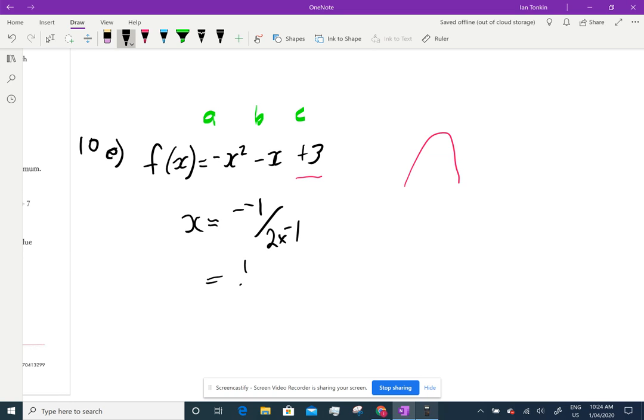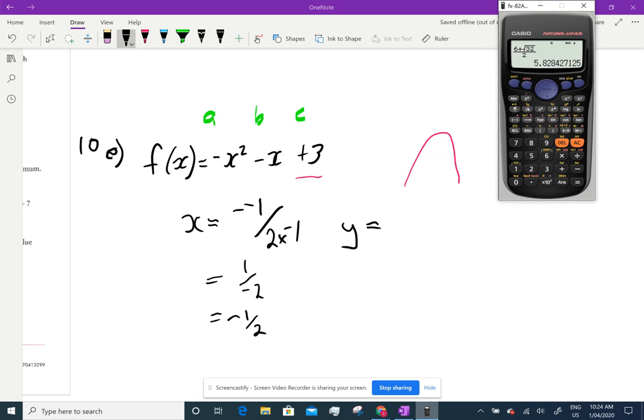So that gives me 1 on negative 2, so I get negative a half. Let's find the y value, and I'm going to use my calculator, and I'm going to use that little trick I showed you earlier. I'm just going to go negative a half. Remember, it doesn't matter where the negative is. Press that. There we go.